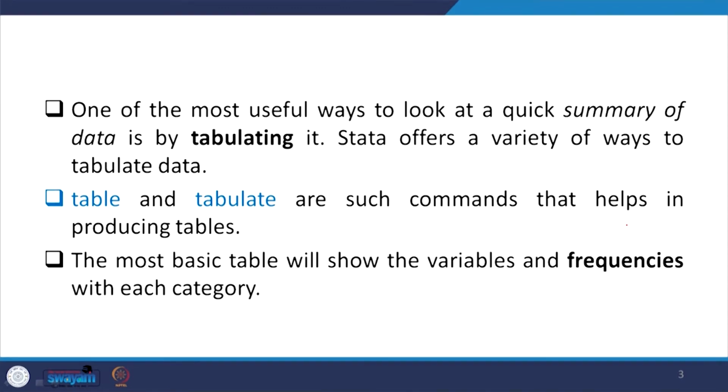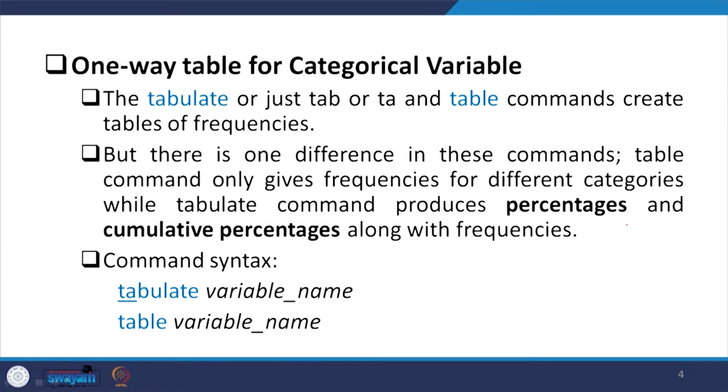Table and tabulate are commands that help in producing tables. The most basic table will show the variables and frequencies within each category. So, researchers do require one way tables, two way tables, three way tables, and sometimes larger order tables as well, depending upon the kind of analysis they want to target.